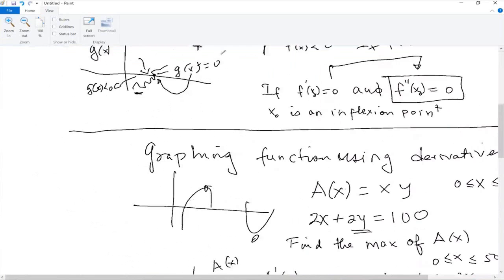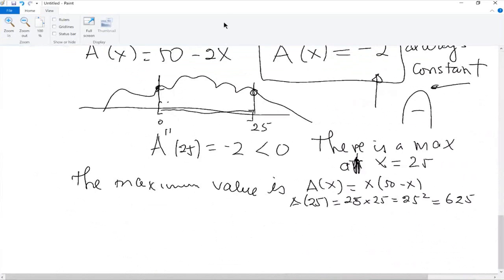A comment. When you find the maximum or minimum of a continuous function whose derivative is also continuous, that gives me all the power of using f prime and f second. You have a problem.